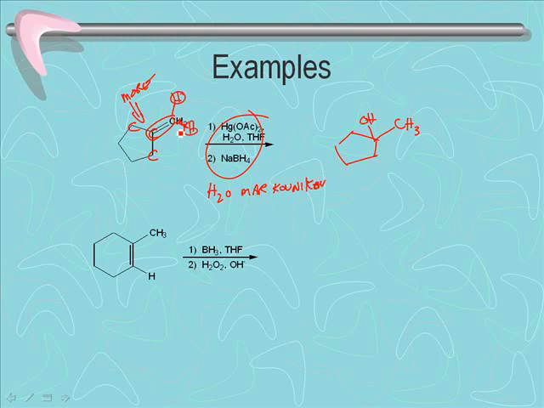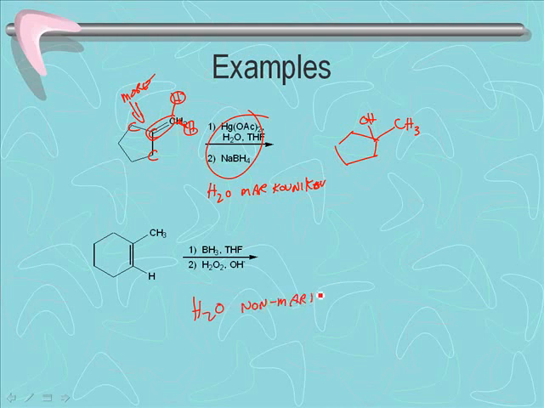Now there's no stereochemistry in this problem because we have no chiral center that's formed in the reaction. Now in the second example, we're going to be doing the hydroboration reaction, adding the hydrogen and boron across the carbon-carbon double bond. Overall, water is added non-Markovnikov.